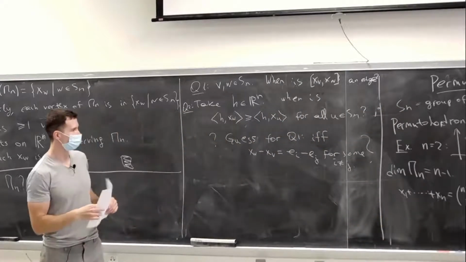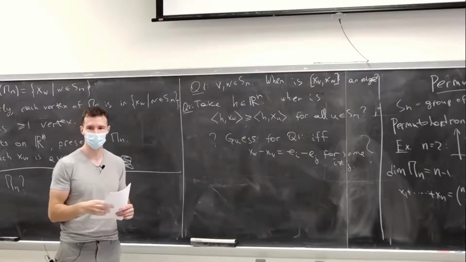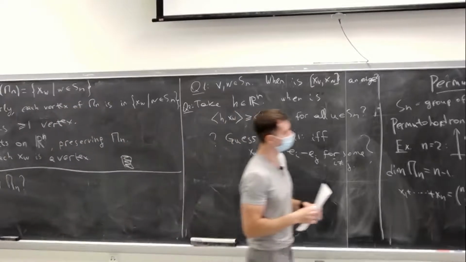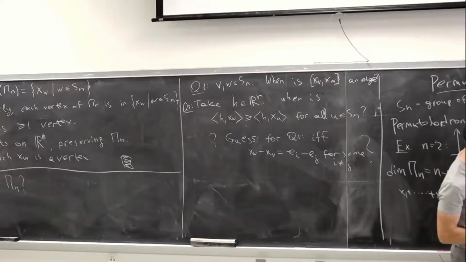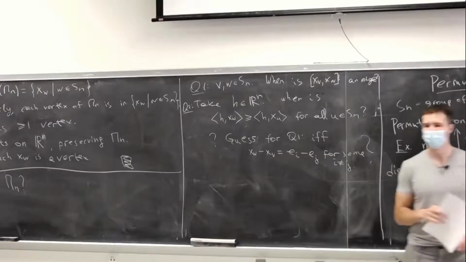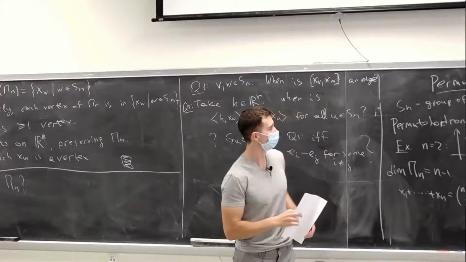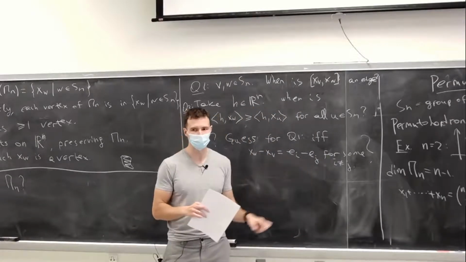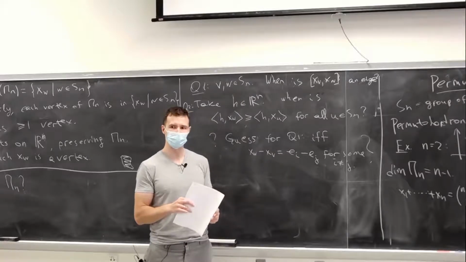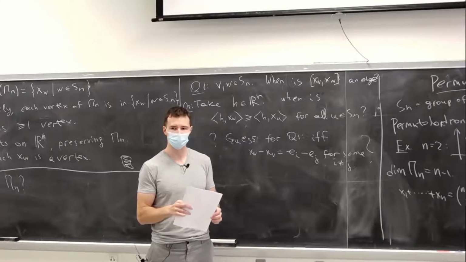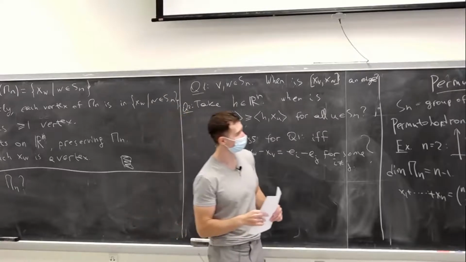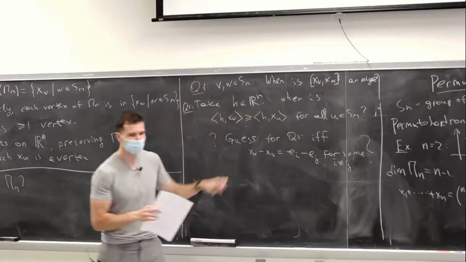Everybody should be confused at this point because of the picture. Okay, so you're saying when the difference is like twice ei minus ej, that means that it's not an edge. So it sounds like this guess should be correct then.